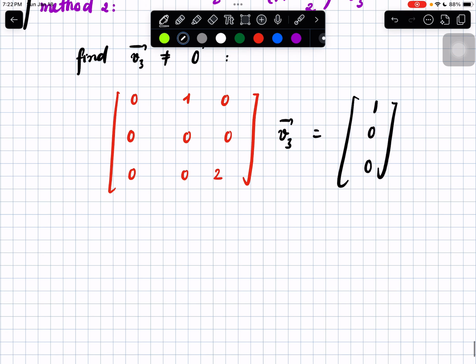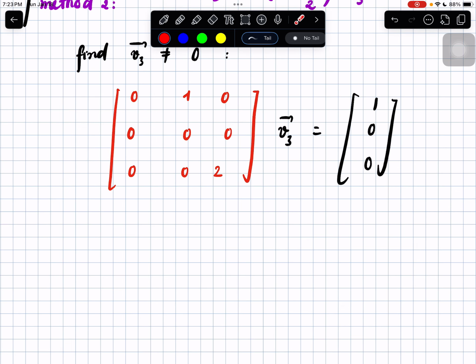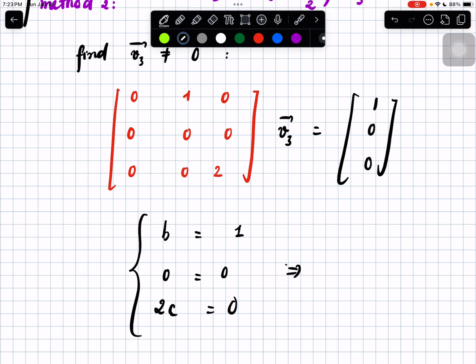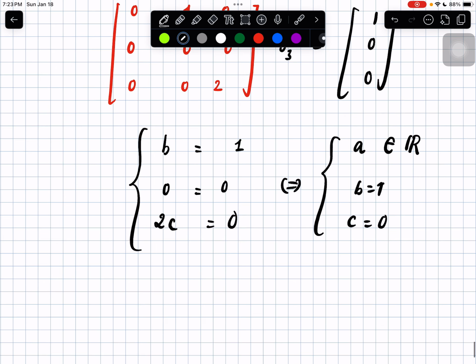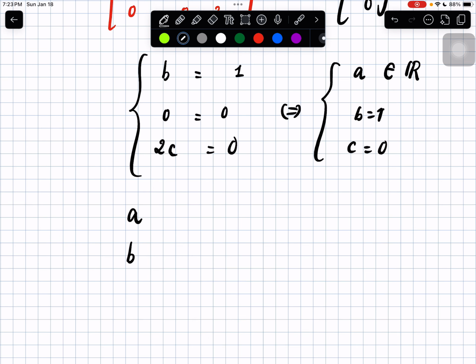So V3 is (a, b, c). Then you have b equal to 1, 0 equal to 0, 2c equal to 0. So c equals 0, b is 1, a is free. So we have (a, b, c) of the form (a, 1, 0).